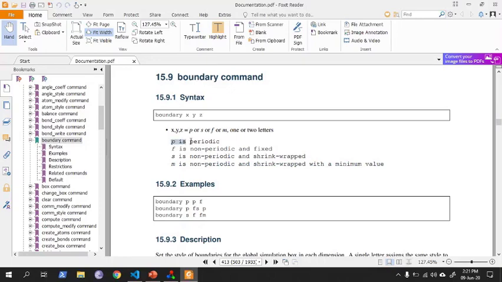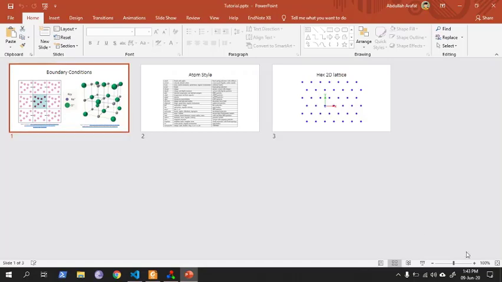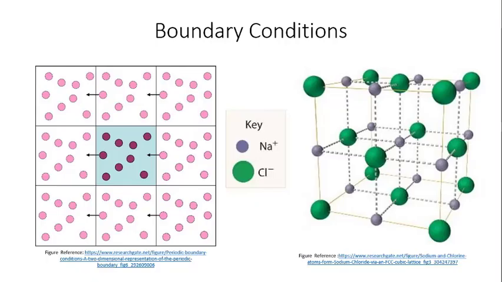So what do these actually mean? Let's see. Suppose we consider a 2D simulation box. So this is your 2D simulation box. For P, which is periodic, it means that the particles interact across the boundary and they can exit one end of the box and re-enter the other end.